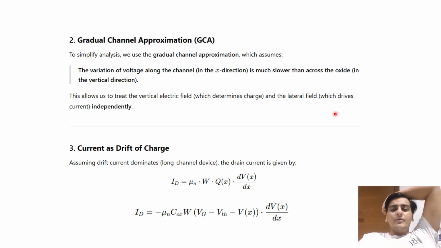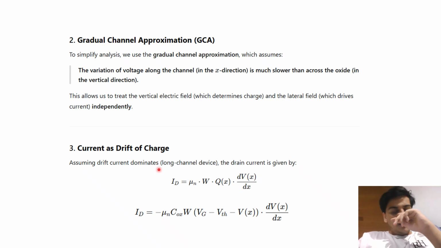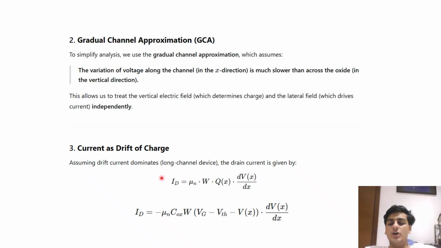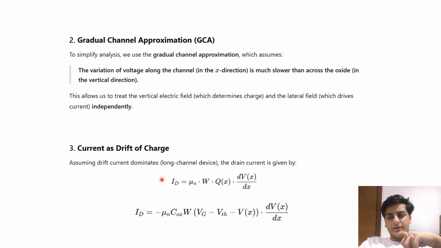Now, the next thing we want to talk about is current, because ultimately we want to relate I to V. In this case there is no diffusion really happening. Current is basically just happening in the form of drift. You can recall the basic formula of drift for current density, which was J equal to N times the electronic charge times the drift velocity, where N was the number of charge carriers.